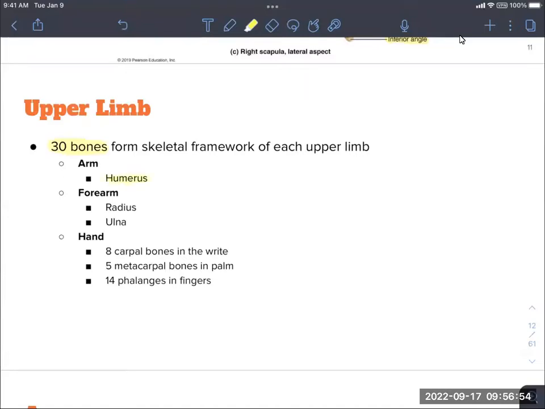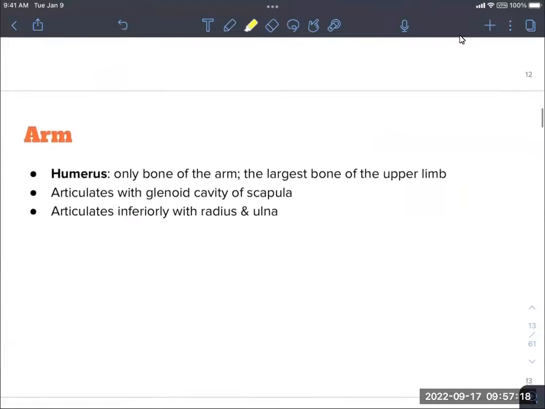You have your humerus, as I mentioned before, that's the bone in your arm. Your radius and your ulna make up your forearm. And in your hand, you have 8 carpal bones, 5 metacarpal bones, and 14 phalanges. So let's look at these. Your humerus.